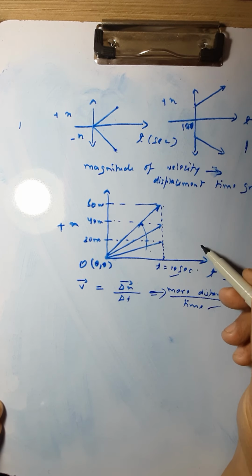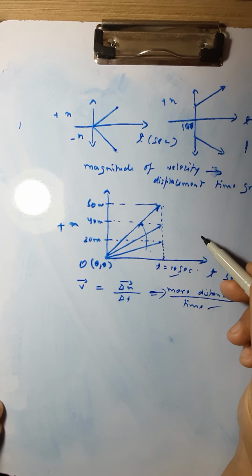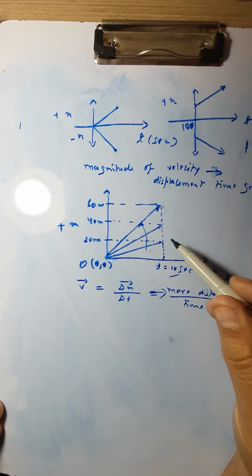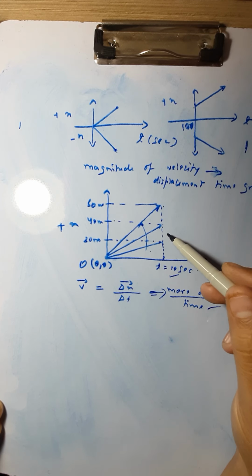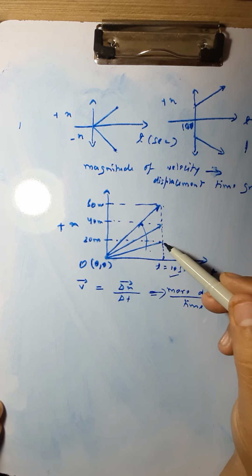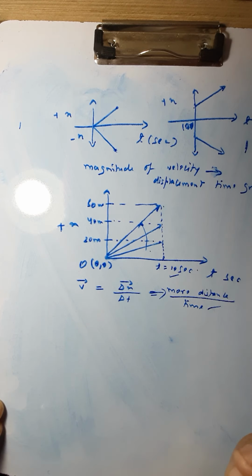So in this case, we have seen that the magnitude of velocity increases by covering more distance in the same time interval, and the graph is looking like this.